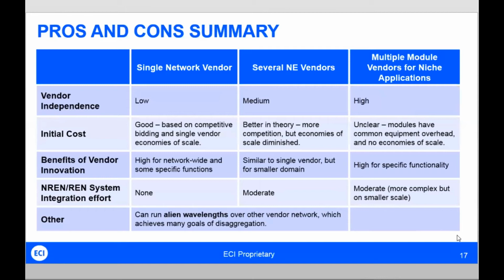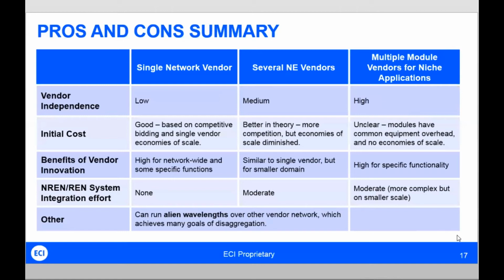Now, what about cost? Because cost is something which probably was the key driver. So in a single network vendor, you're probably getting a good cost. I mean, let's face it, there's still a competitive bid situation, at least at the outset. And what a single vendor can do is deliver certain economies of scale in terms of how they put the overall network together, both in terms of the line systems and the transceiver and receiver pairs.